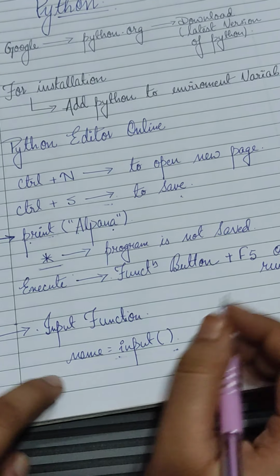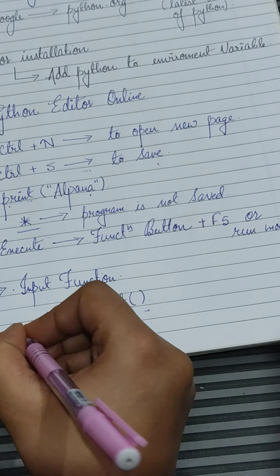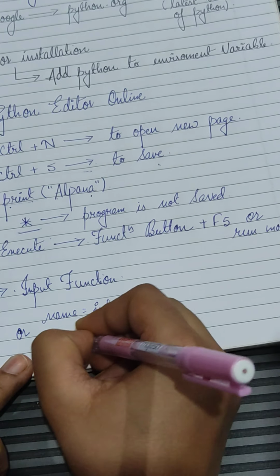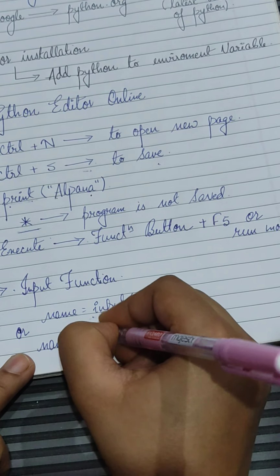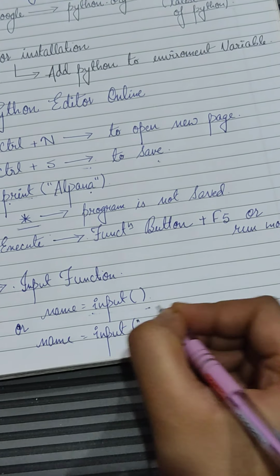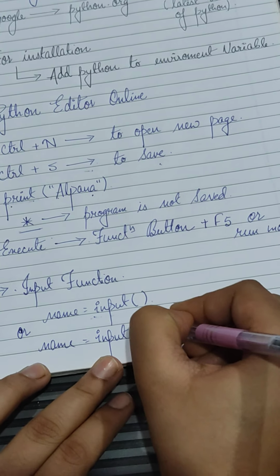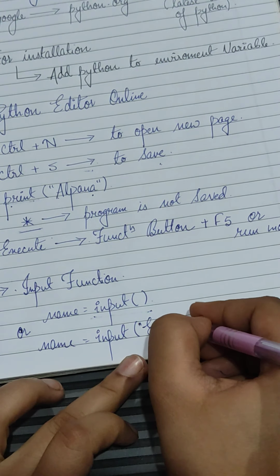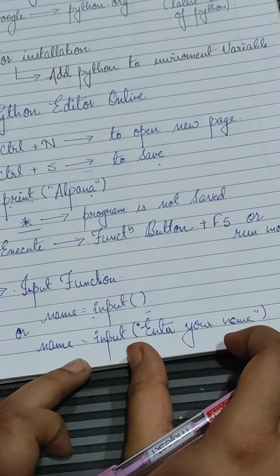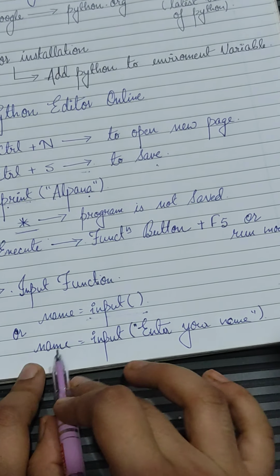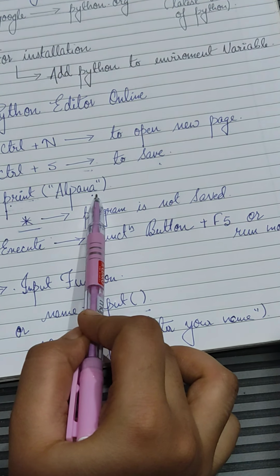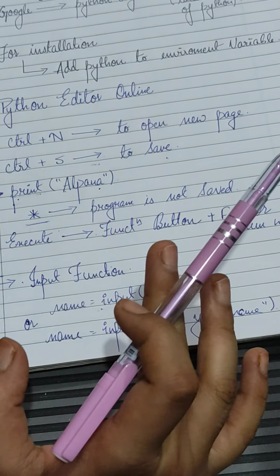Instead of that, we can also write name is equal to input of, and in this bracket we can give some string as well, like I want my user to see "Enter your name". By writing this, it is clear that you need to enter your name. In this way we use the input function, and the print function is the output function, to print the data.